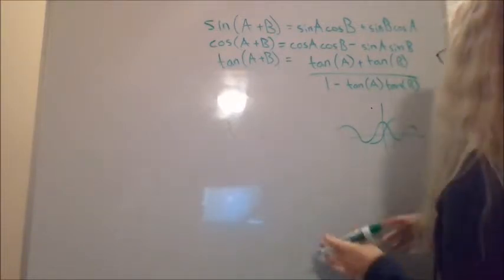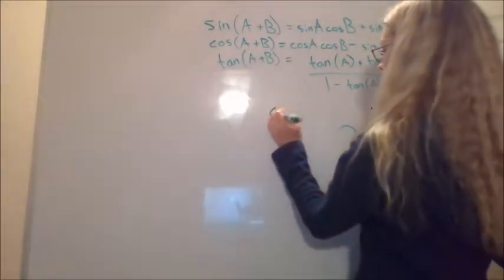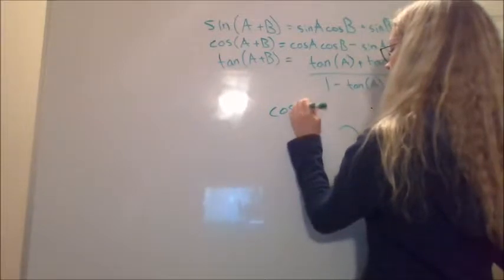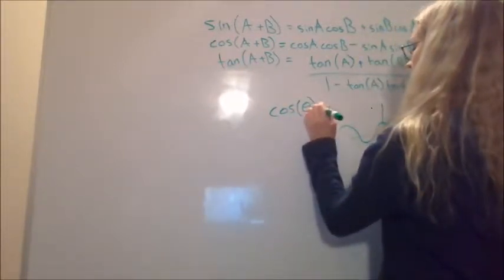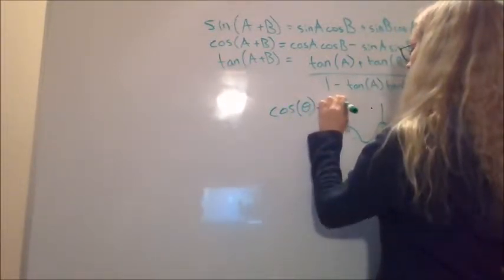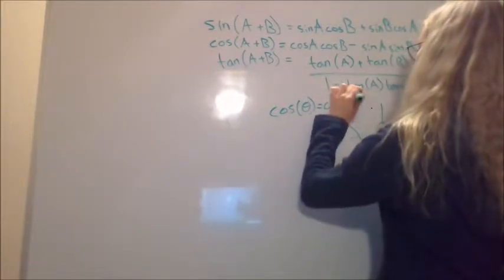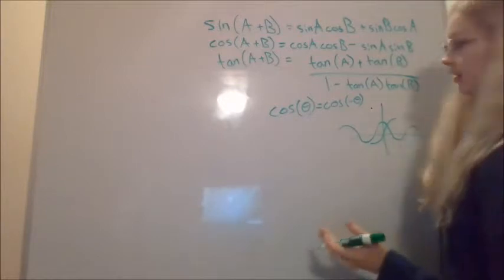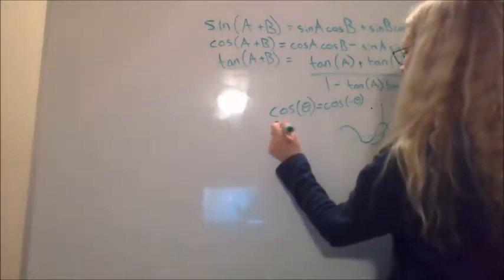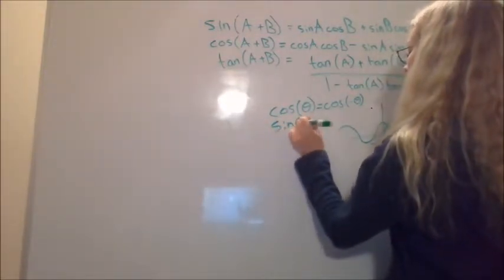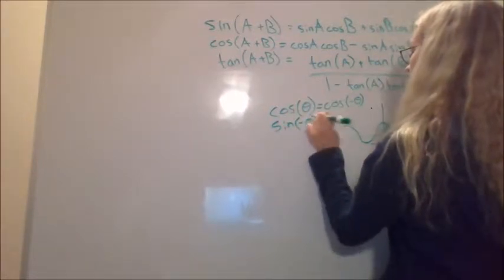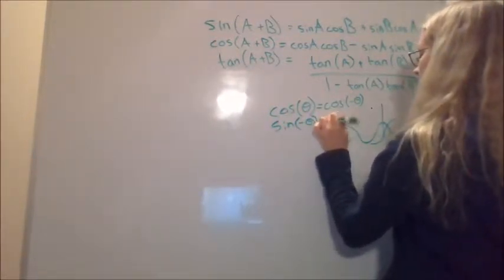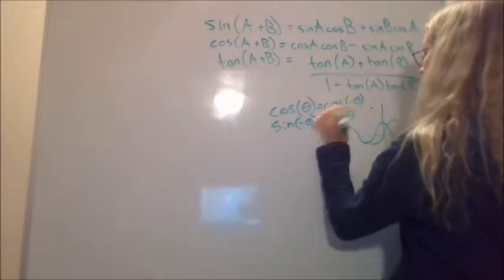What I mean by even and odd is that for cosine, the cosine of theta is equal to the cosine of negative theta. So it's like a mirror image of each other flipped on either side. And when I say that sine is an odd function, I mean that sine of negative theta is equal to negative sine of theta.